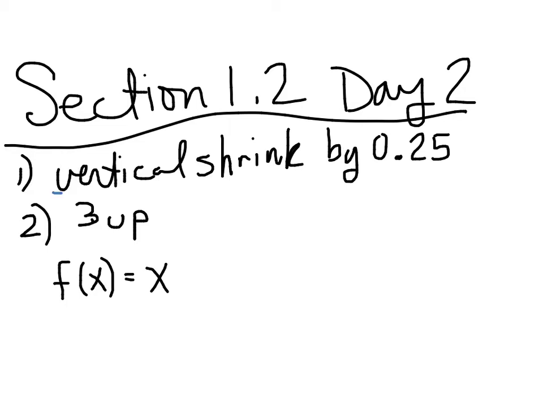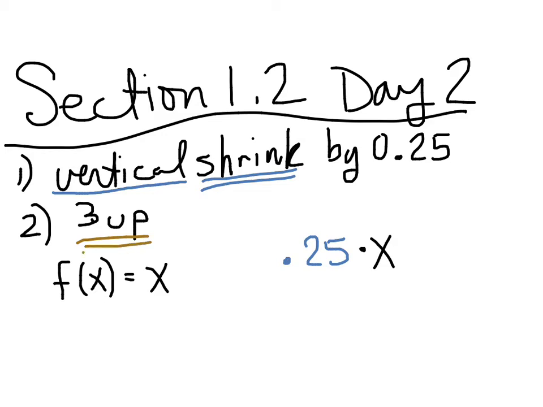So remember yesterday we talked about vertical shrink. And remember when we said vertical, we were always outside the grouping symbol, and shrink or stretch means to multiply. So you're going to take 0.25 and you're going to times it by x. So right now that's the first step where you're going to take 0.25x. Then the second step that you're going to do, and I'll underline that one in brown, now we're going 3 units up.